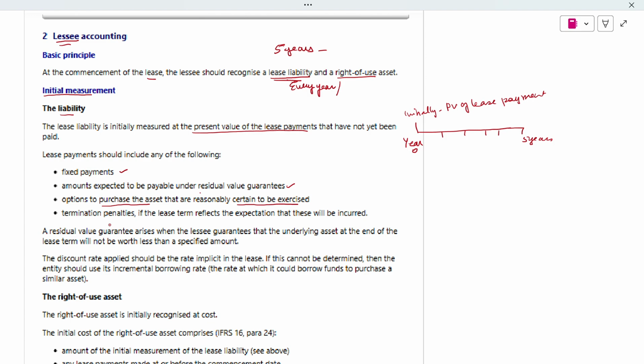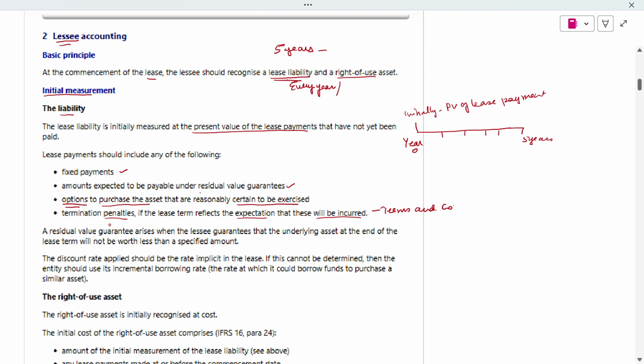It is only an option, not an obligation. You have the right but no obligation. If you break the lease in between, say you have taken it for 5 years and want to cancel within 3 years, there will definitely be some penalties, if the lease term reflects that expectation as part of the terms and conditions.